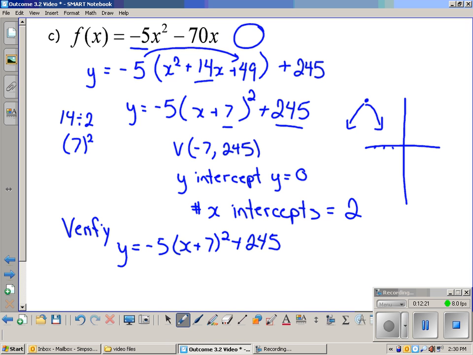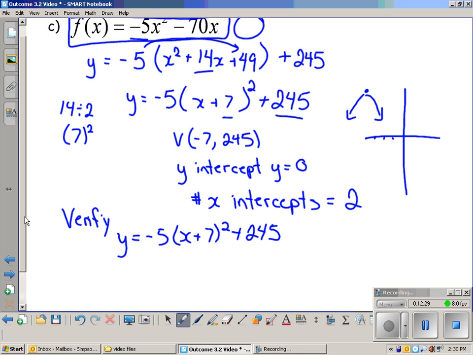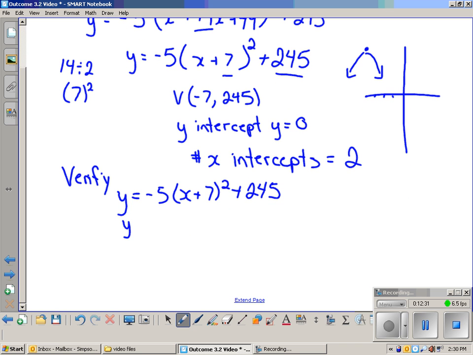So we want to work backwards. If we expand that out, we should end up with what we started with in the first place. So this becomes y equals negative 5 times x plus 7 times x plus 7 plus 245.